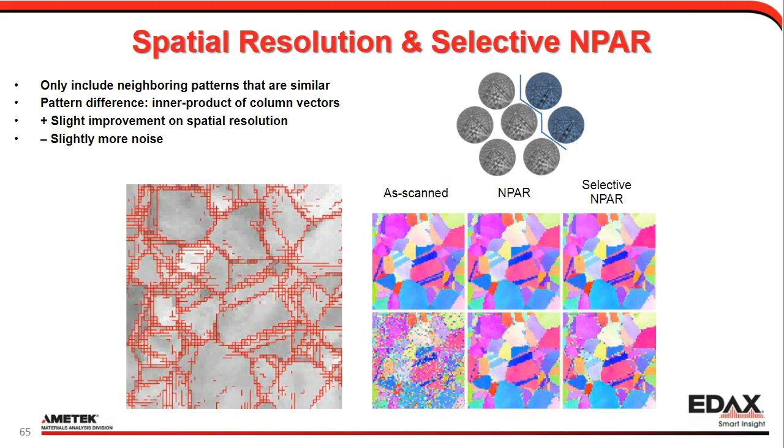We did some studies when we first did NPAR about ignoring patterns if they're too different, and that gave us some improvement. As you can see here, we called it selective NPAR, and that worked okay, but we weren't totally happy with it, so we left it out.